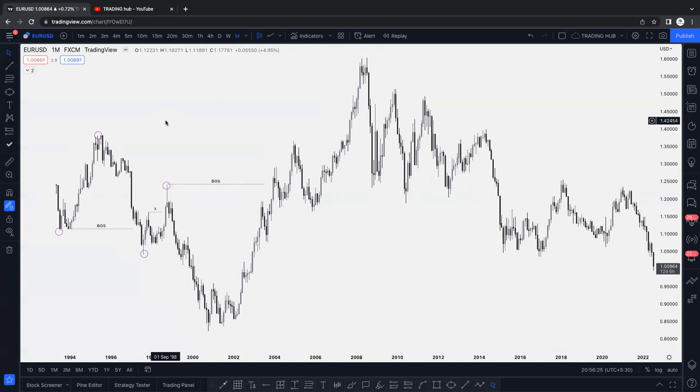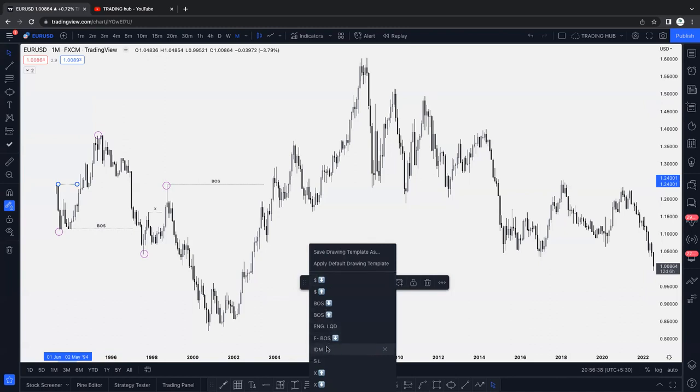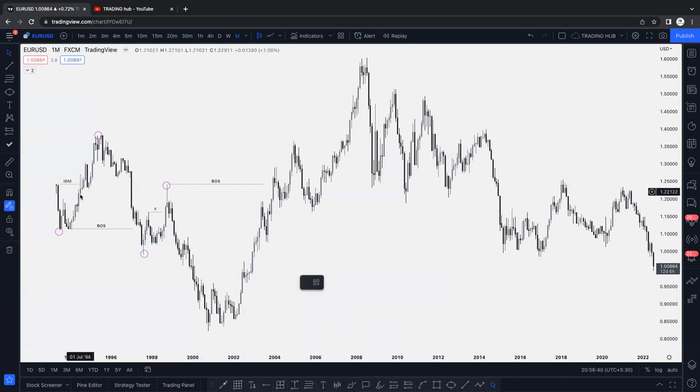Correct. So at this point you can see the market broke the structure. Before the market pushed downside, the market took out the previous high, which acts like an inducement. Correct. And then what happened?